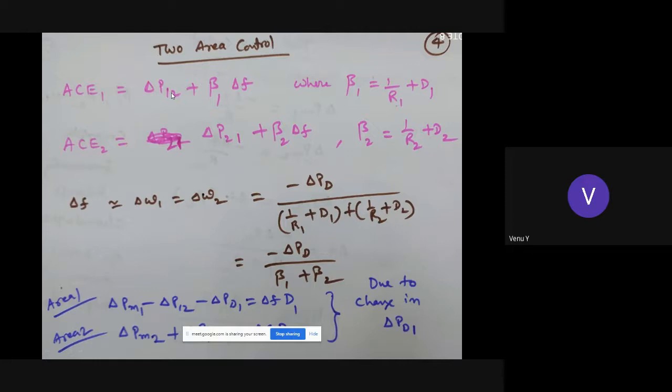Previously, in the multi-area to two-area system, one area was used to control the frequency of both areas alone, and the second area was used to control the tie line power or active power supplied to the other areas.